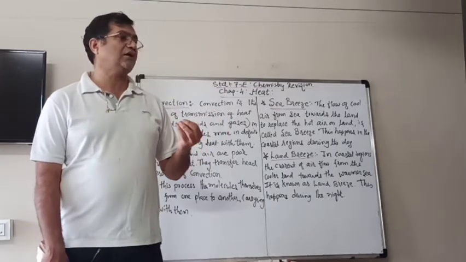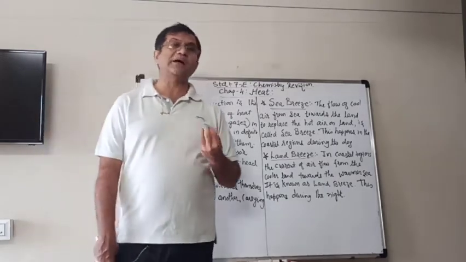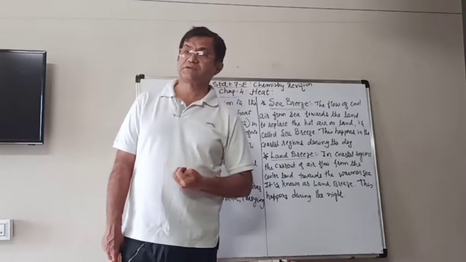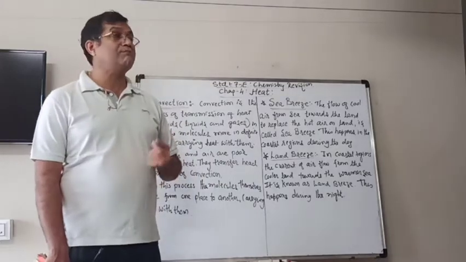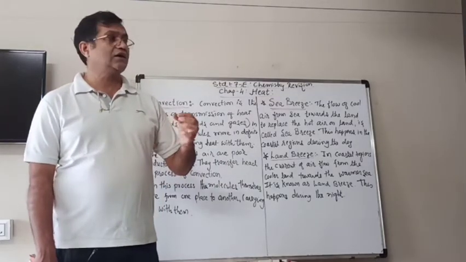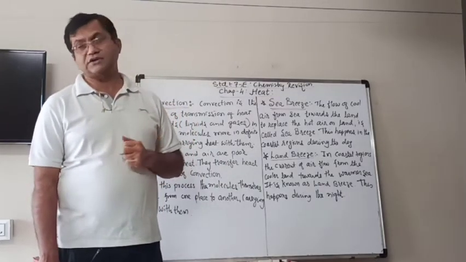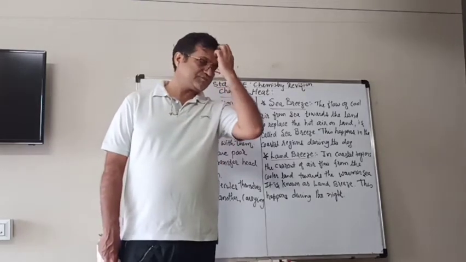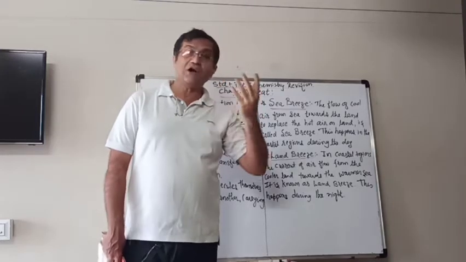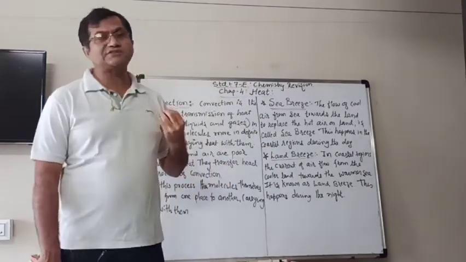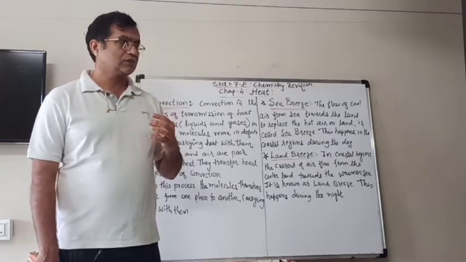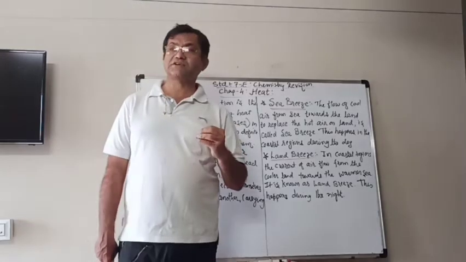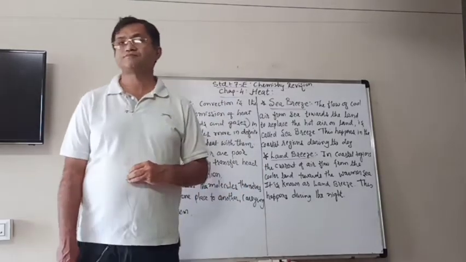Those which allow heat to transfer through them easily are known as conductors. For example, all the metals are good conductors of heat. But the substances which do not allow heat to pass through easily are known as poor conductors or insulators.